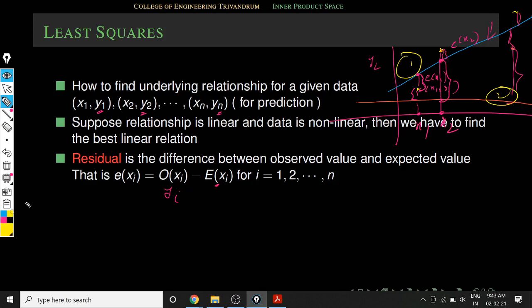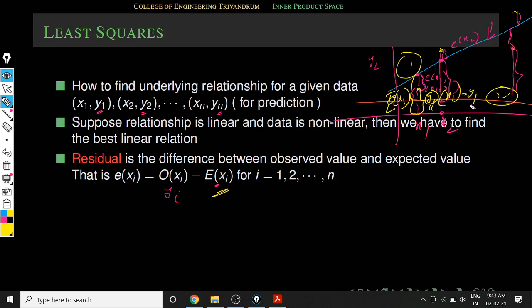In this case, what is e of x1? In this case, this height is the e of x1. Clear? This is our observation, so this height is y1. y1 is the same as o of x1, the observed value of x1.